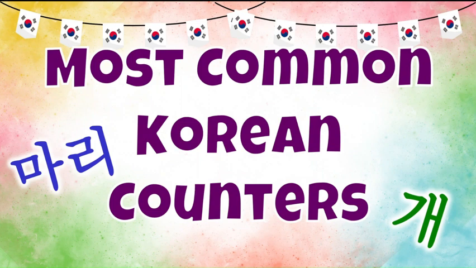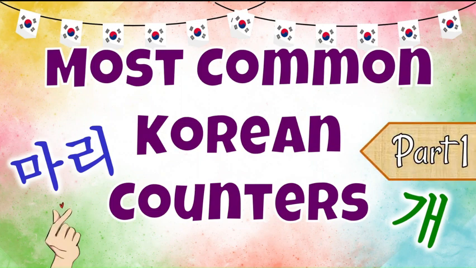Understanding how to use counters correctly is crucial for building accurate sentences, whether you are counting people or animals or books or even actions. So, in each video of this series, we'll explore different Korean counters, understand their meanings, and learn how to use them with example sentences.